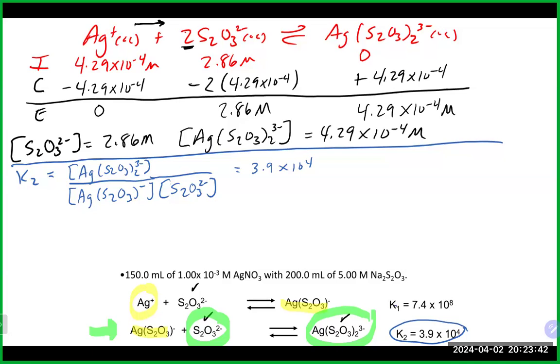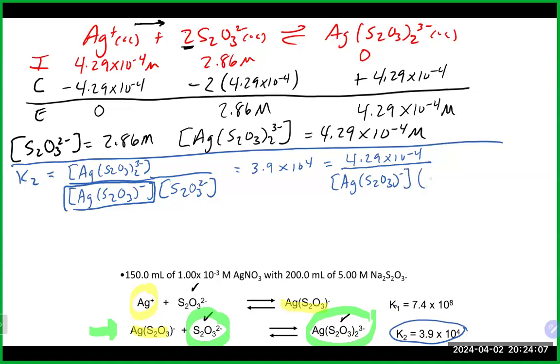So the reason we're using the bottom step is I have everything but this guy. So if I put my numbers in from above, I have 4.29 times 10 to the minus 4 divided by this intermediate, which is what we're looking to solve for its concentration.